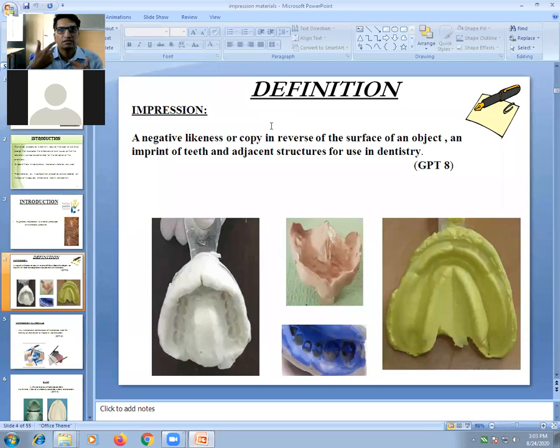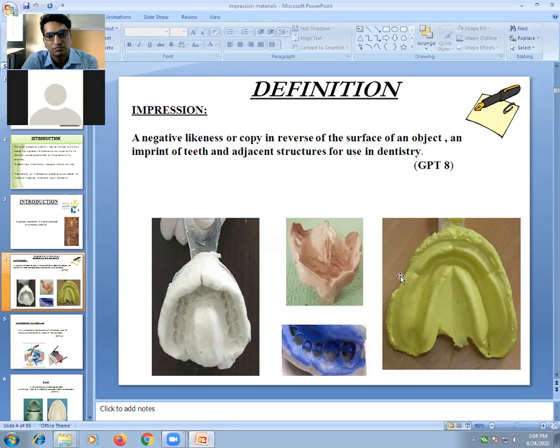Suppose I have taken the impression of a dentulous mouth. As in the slide, you can see there is an indentation produced by the teeth. So it is a negative likeness. It will be the same but in a negative way, of a surface of an object. This is an impression of edentulous arches, and this is the impression of dentulous arches.